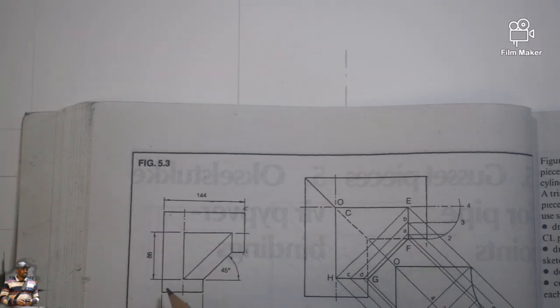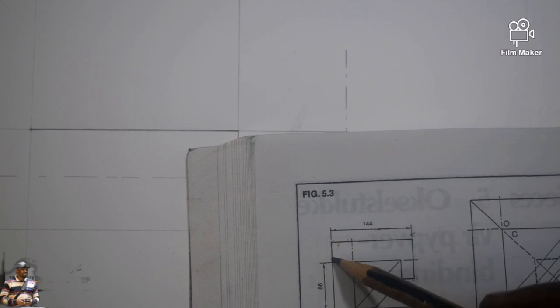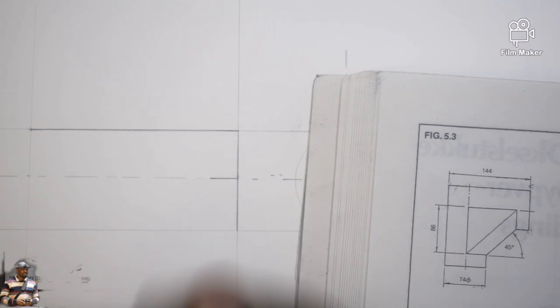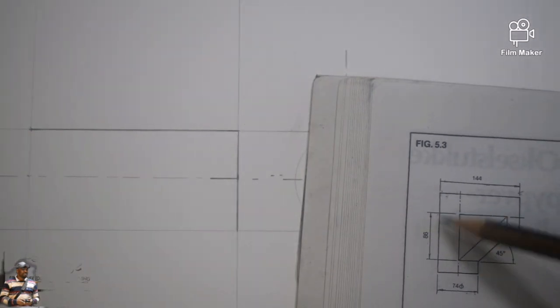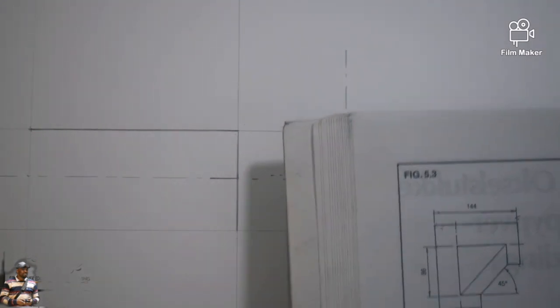From there going down, I see a dimension from here till there. It's a center, which is this one. Then from the center going down is 86. It goes from here till there. So from your center going down is 86 millimeter.